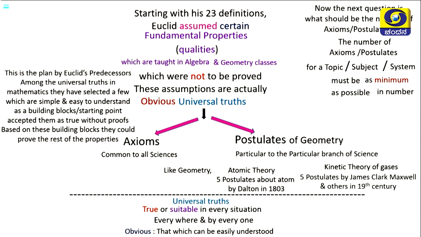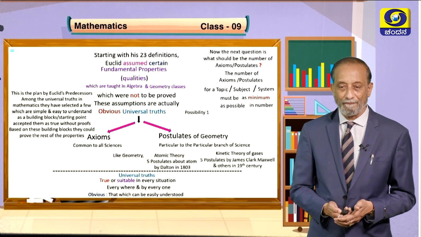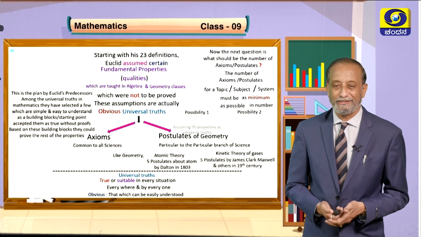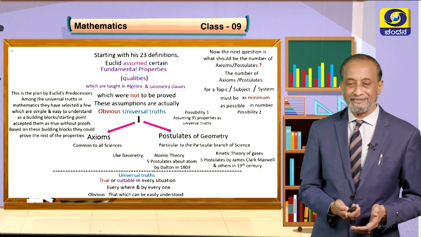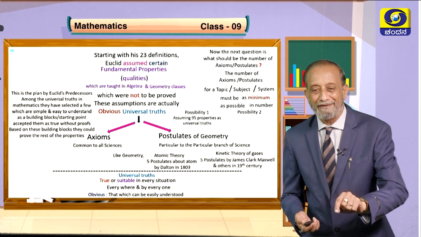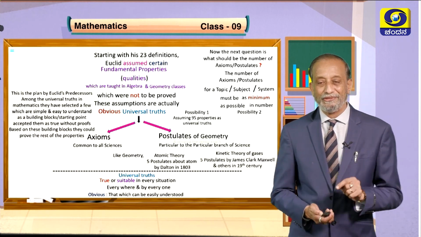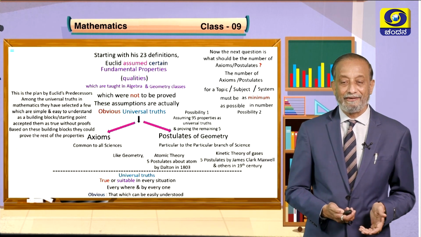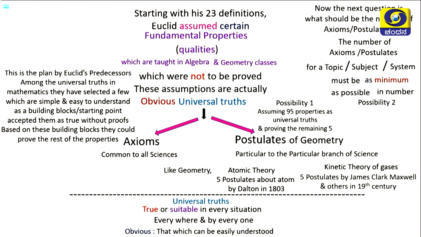So, we can think of two possibilities. Possibility 1 says that assuming out of 100 properties, 95 properties as universal truths and proving the remaining 5, or possibility 2, assuming just hardly 5 properties as universal truths and proving the remaining 95.